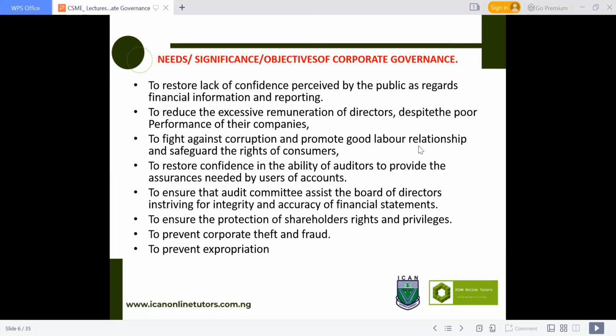You must also have a nomination committee, and you must also have a remuneration committee. I think there are 4: remuneration, nomination, audit, and risk management committee.